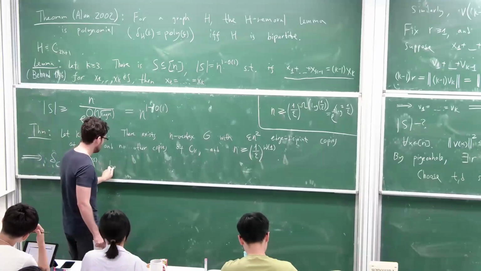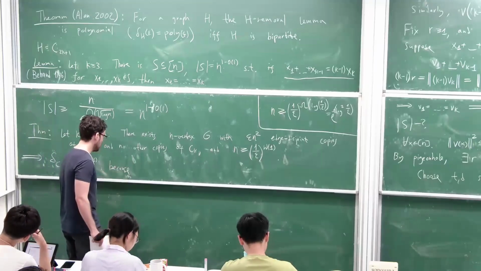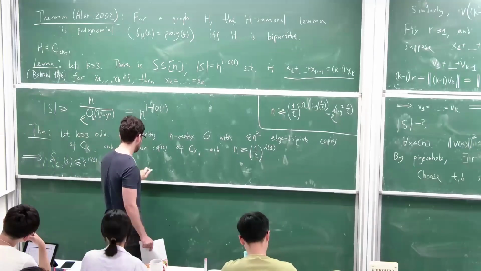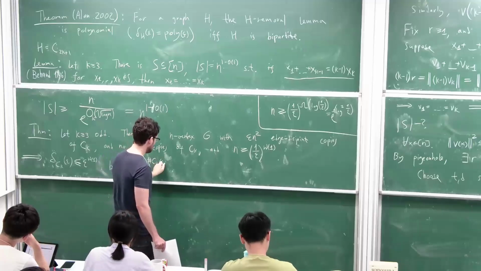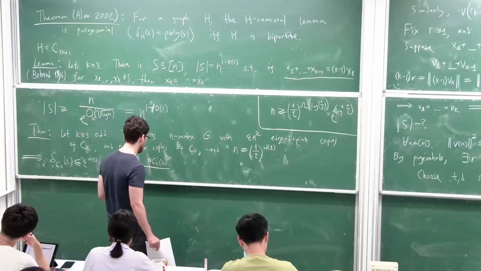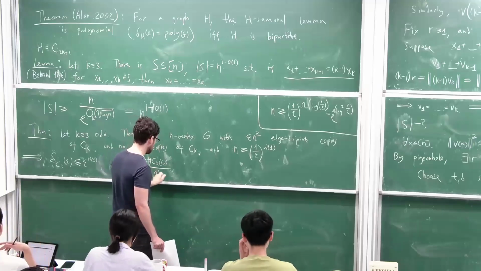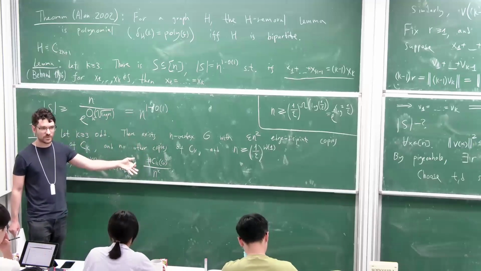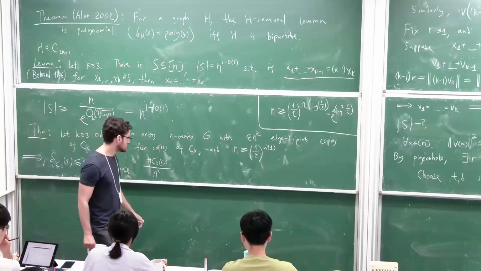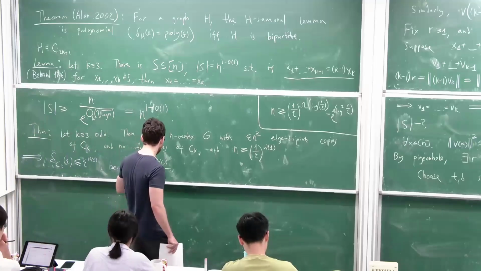Because if I take the number of pk in G and I divide it by n to the k, so this is the delta we're supposed to have, right?